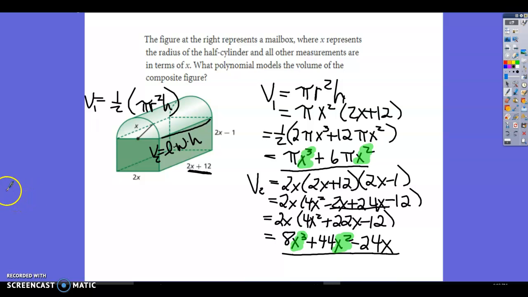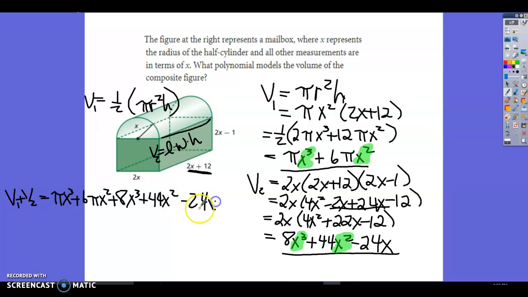So if I do V1, volume 1 plus volume 2, that means I'm going to have pi x cubed plus 6 pi x squared plus 8x cubed plus 44x squared minus 24x.